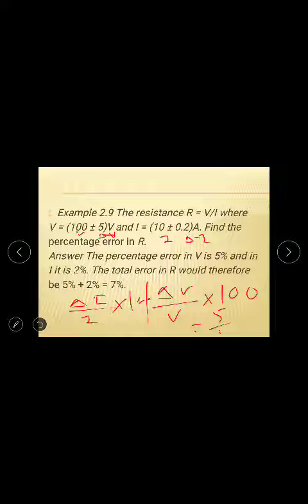Okay. So here we have found the percentage error in V and the percentage error in I. So what is the rule? Whatever we have got here, that we have to add. So 5% and 2% that we have to add. The total error in R would be therefore 5% plus 2%. It is what? 7%.